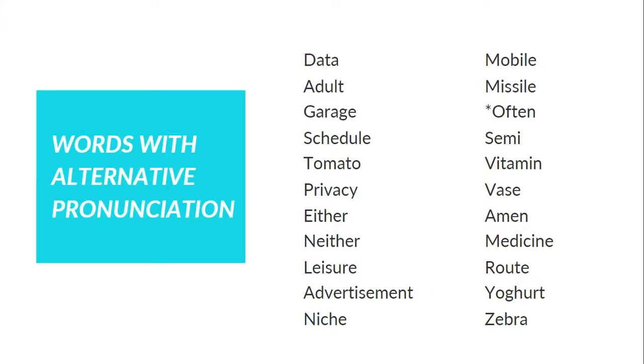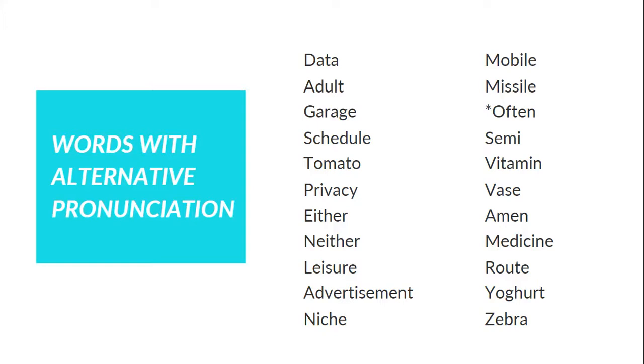Tomato, British. Tomato, I hope I got it. Tomato, American. Privacy, British. Privacy, American. Now, what I said, I hope I got, when I said tomato for British and tomato for American, was the tapped T in American English, right?